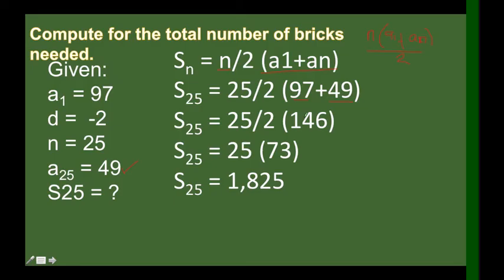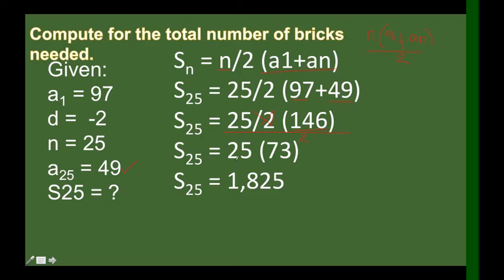No? Okay, so, first and last row. Parang ganun siya. 97 plus 49 is 146. Okay? And then we can divide it by 2 already. Kasi itong 2 na to, dapat buo yan. Hindi siya sa 25 lang. Sa buo yan. Kabuuan. So, 146 divided by 2 is 73.